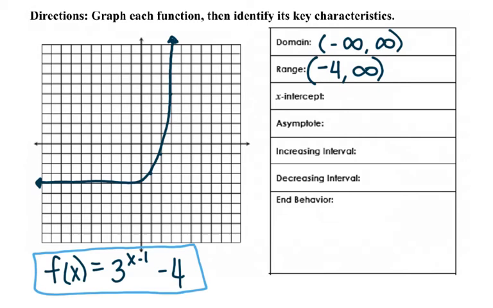Okay, so then you can find the, well, let's just say y-intercept, my bad. The y-intercept is at 0, negative 11 thirds. I'm going to put this in fraction form. Because you have this shift down, that's why I know that there's an asymptote at y equals negative 4.